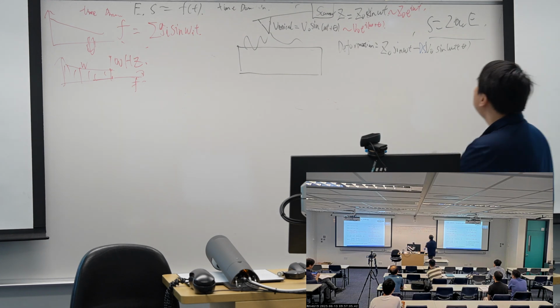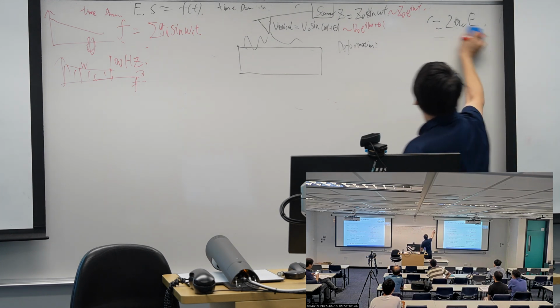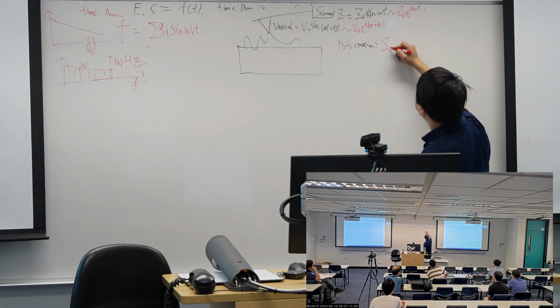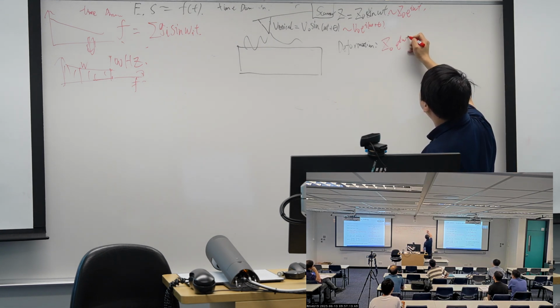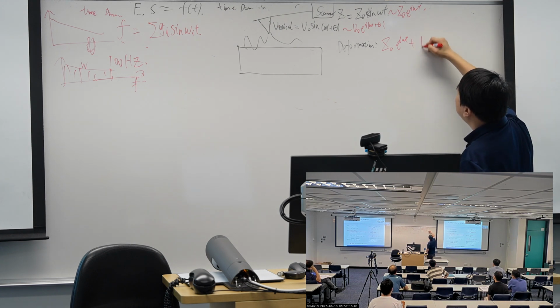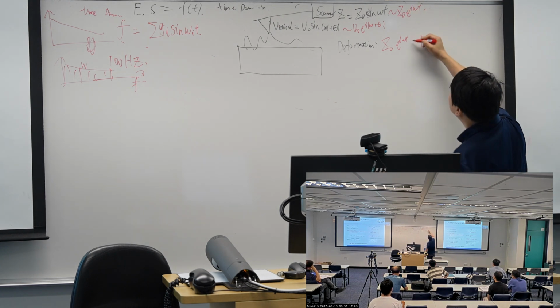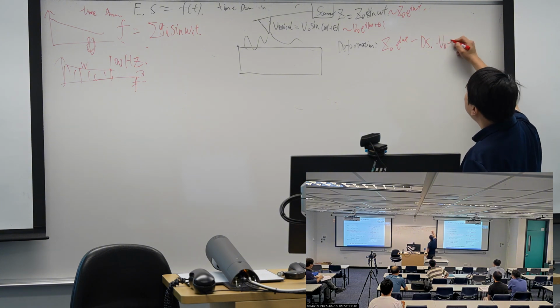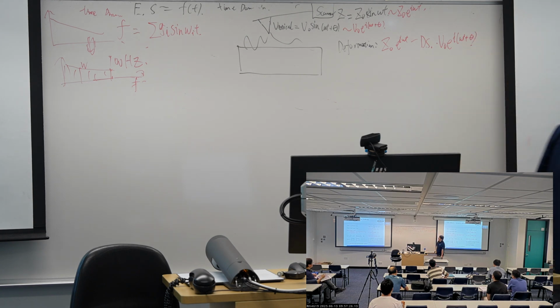So our deformation is just Z0 e^(i omega t) minus deflection sensitivity times V0 e^(i(omega t plus theta)).